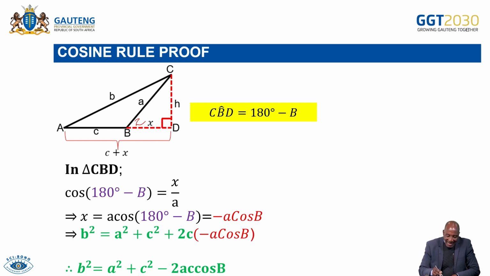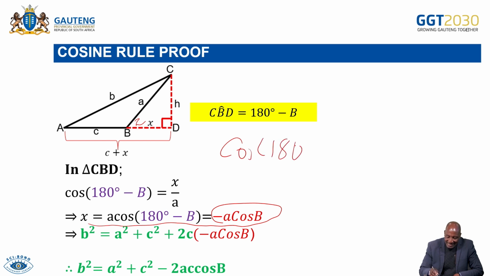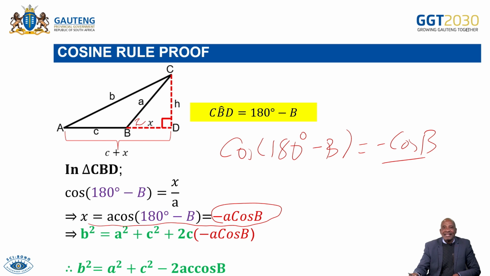Then where we see x here, we are going to replace it and put negative a times cos B, because we are saying cos of 180 degrees minus B is the same as negative cos of B, because we are in the second quadrant. Yes, that's the reduction formula.